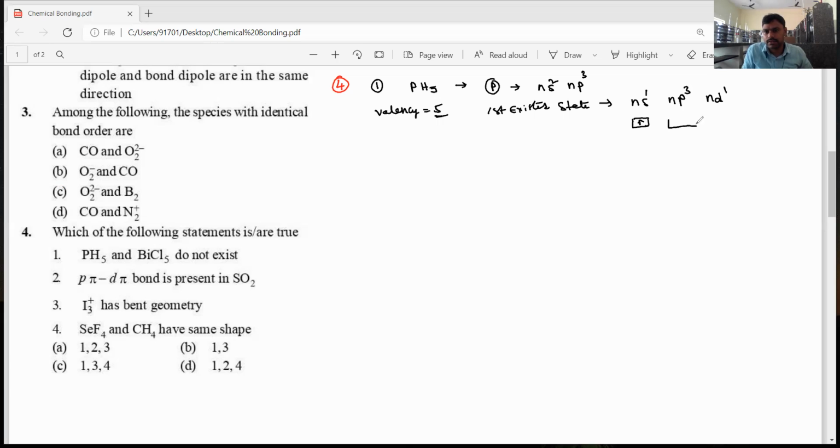So if these 5 unpaired electrons bond with hydrogen atoms, the d orbital and the hydrogen atom, whose electronic configuration is 1s1, form a weak d-s bond, because the overlapping is very weak.